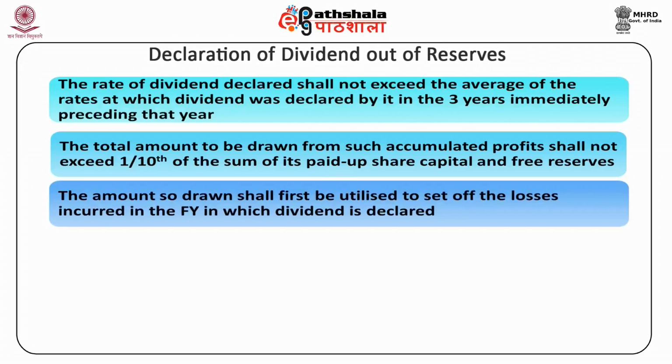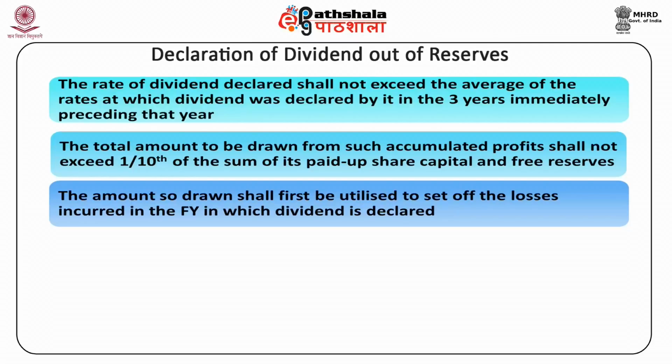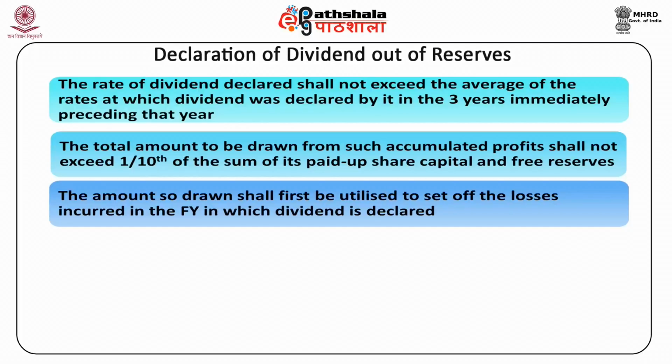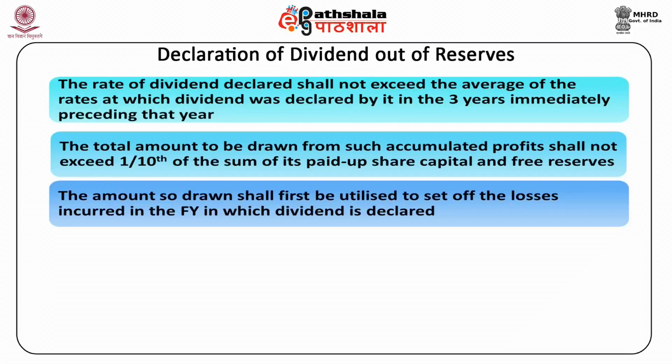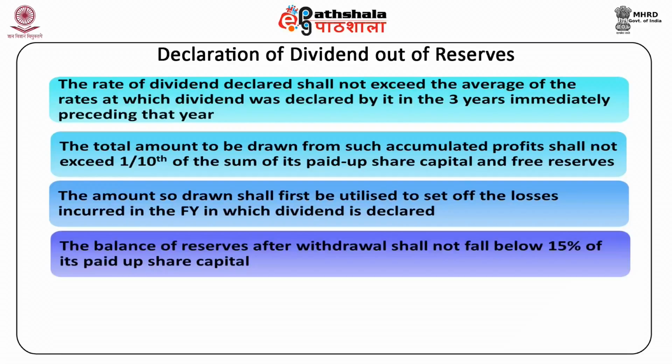Third, the amount so drawn shall first be utilized to set off the losses incurred in the financial year in which dividend is declared before any dividend in respect of equity shares is declared. Fourth, the balance of reserves after such withdrawal shall not fall below 15% of its paid-up share capital as appearing in the latest audited financial statement.